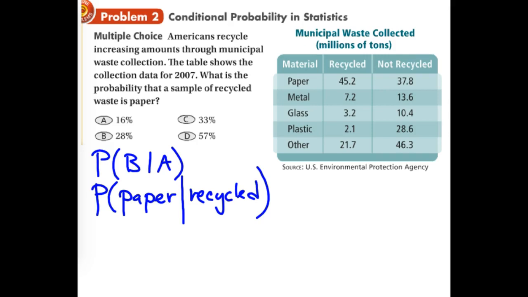Okay? So we need what on top? I'll ask a different question. What part of my table am I using? Recycled column. Okay? So I need a total for the recycled column. Go ahead and total that all up. 45.2 plus 7.2 plus 3.2 plus 2.1 plus 21.7.